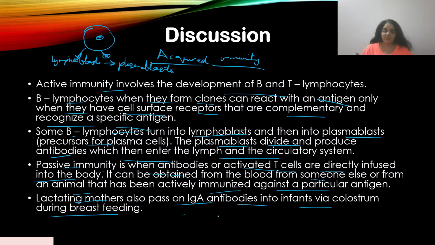That's a very important component of breastfeeding, where the infant needs this colostrum because it is very rich in antibodies. So passively the mother is transferring those antibodies to the infant, which helps build the immunity of the infant.